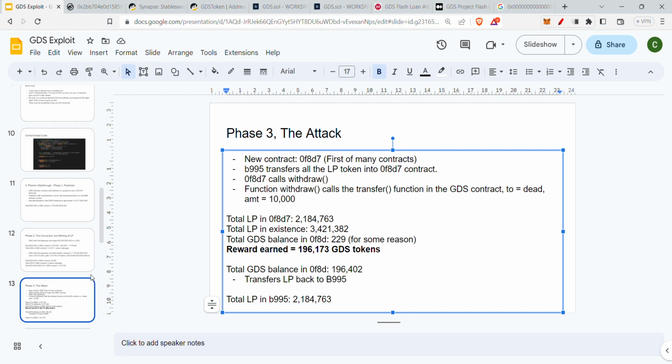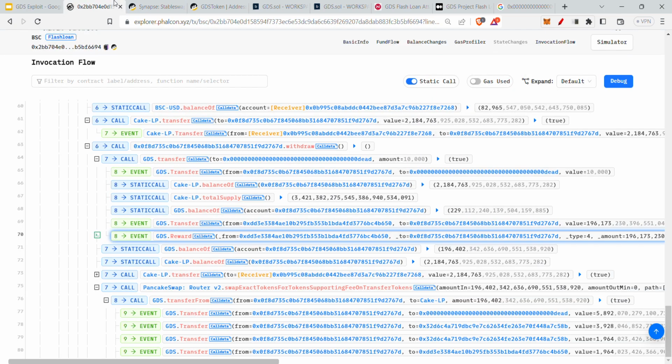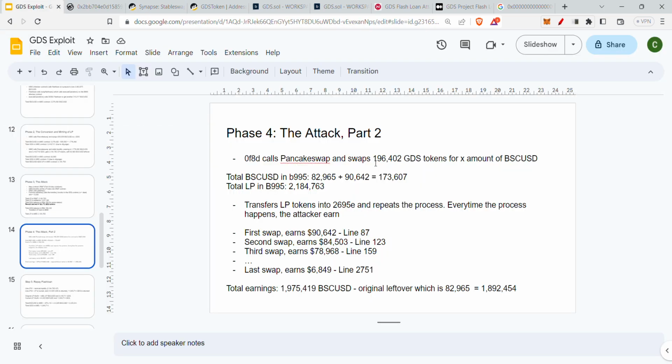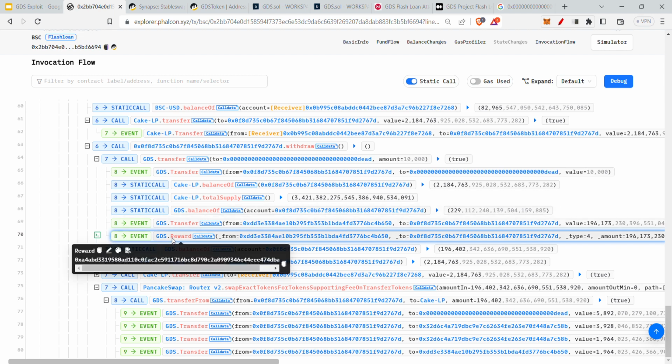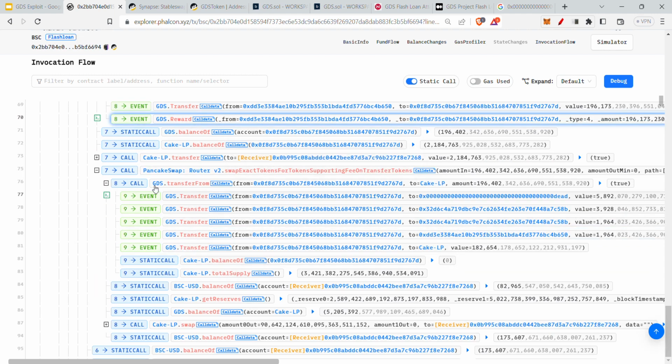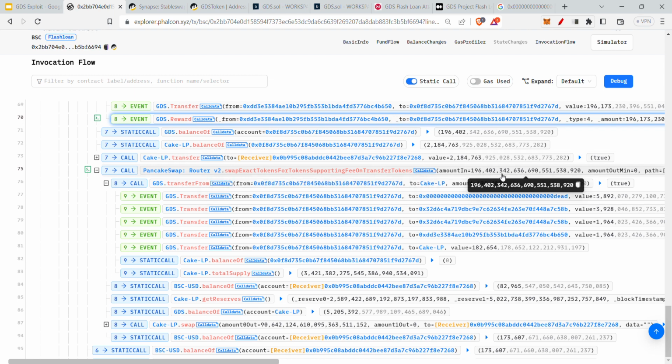Okay, that's phase 3. Now we look at phase 4. What happens to this 196,000 that the attacker gets as a reward? If you look here, swap exact tokens for tokens, supporting fee on transfer tokens, passing in 196,402 GDS tokens.